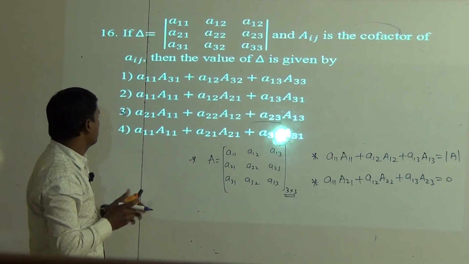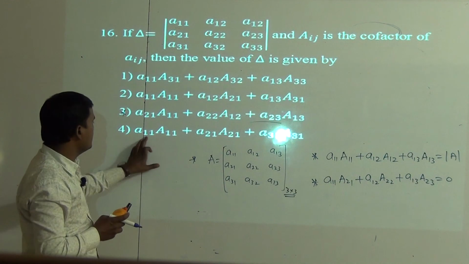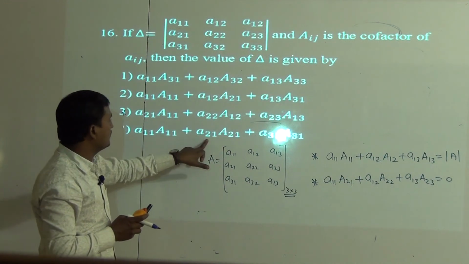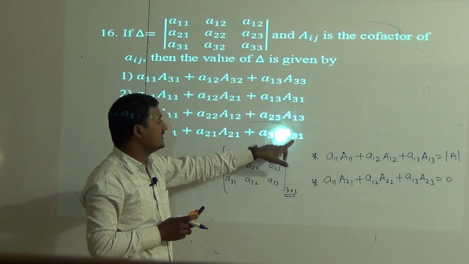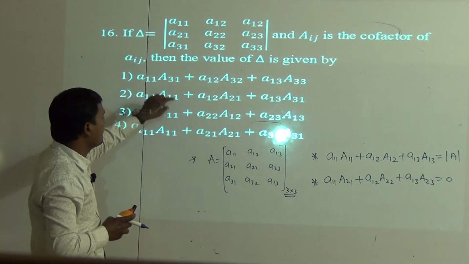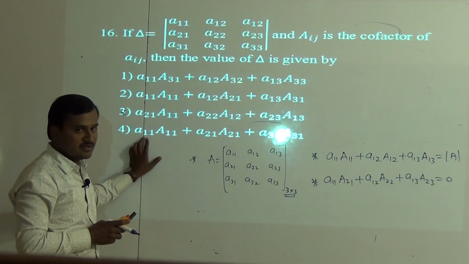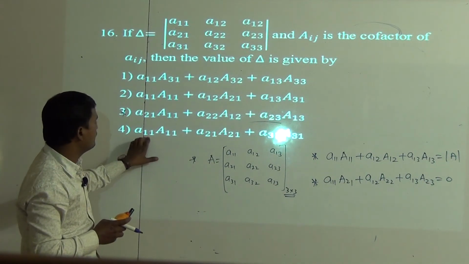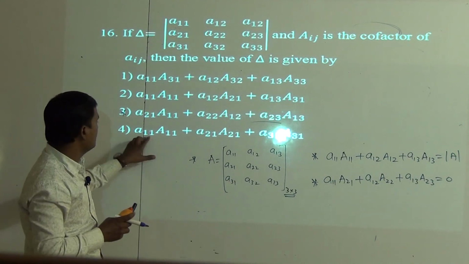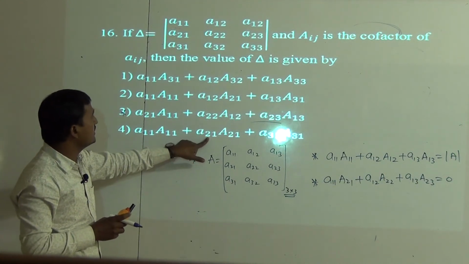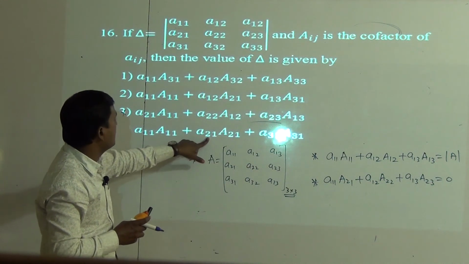Similarly in the fourth one, a11, a21, a31 and here it is A11, A21, A31.